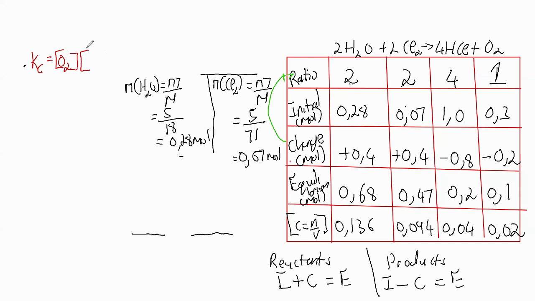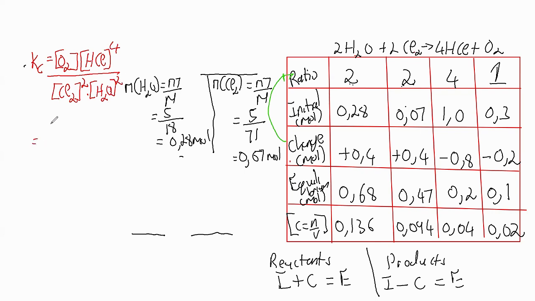And then multiplied by the concentration of HCl gas, and we can see that the coefficient is 4, which becomes the exponent, over the concentration of the reactants. The reactants are the two here. So we have the chlorine gas, which has a coefficient of 2, so we need to square. And then we have H2O steam, which also has a coefficient of 2, so we need to square.